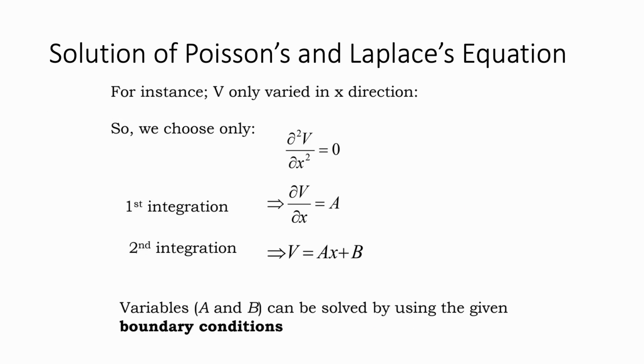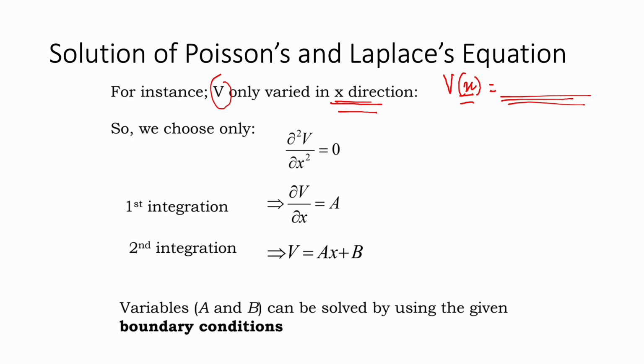Now let's assume that our interested variable is such that we want to find v in the x direction. Usually it can be written as Vx equals what? We want to get the general equation in order to find v in the x direction.